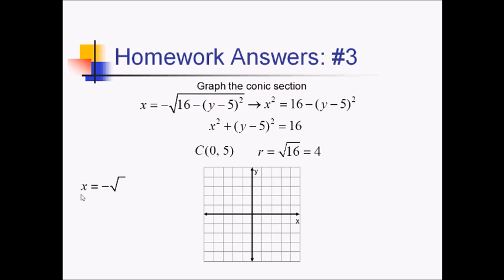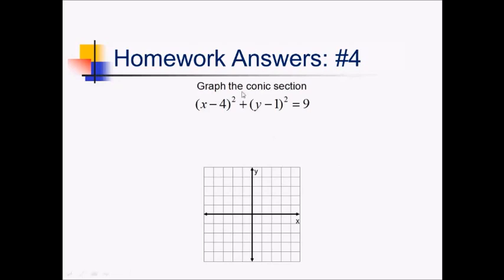Left because it's x, and negative means the left side. So we're doing the left half of a circle. So changing my scale to go 2 for each grid line, I'm going (0, 5) for my center, and the left half of a circle, so I'm going to do 4 up, 4 to the left, 4 down, and here's my left side semicircle.